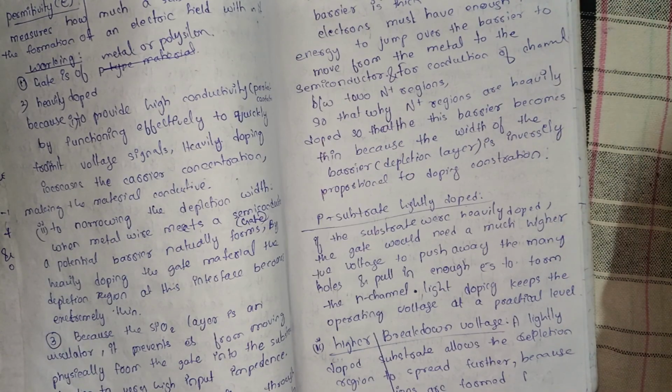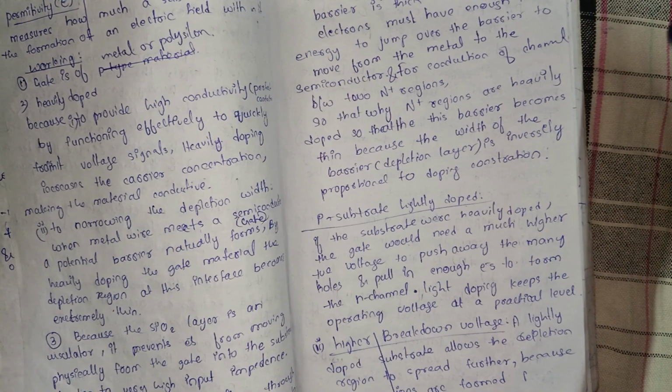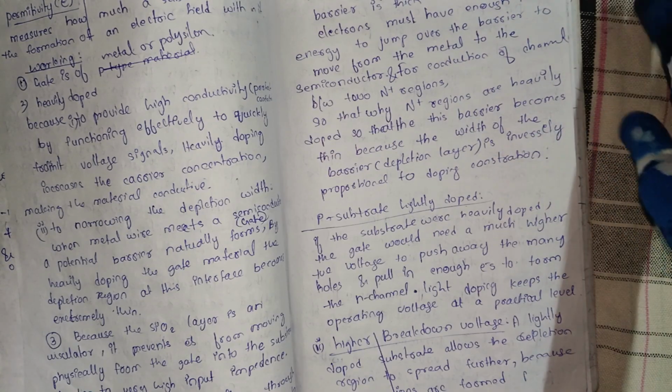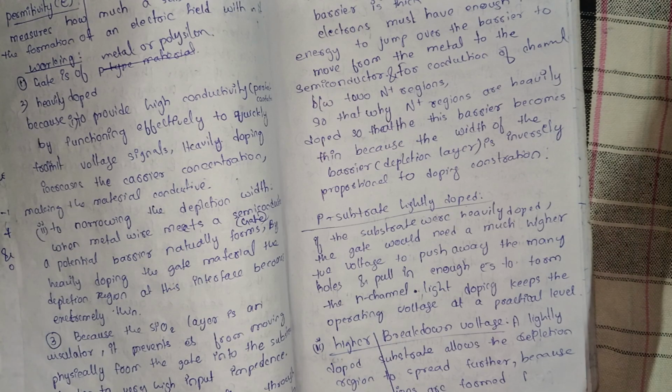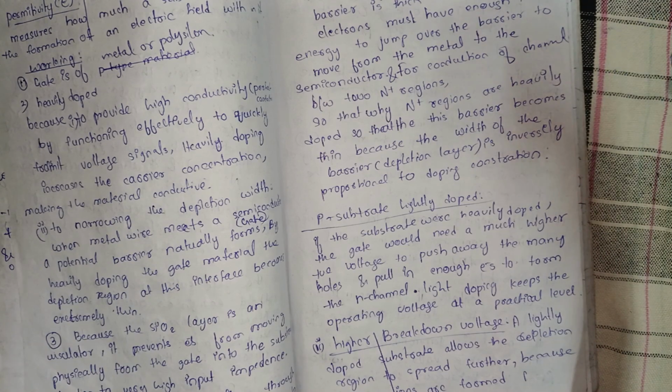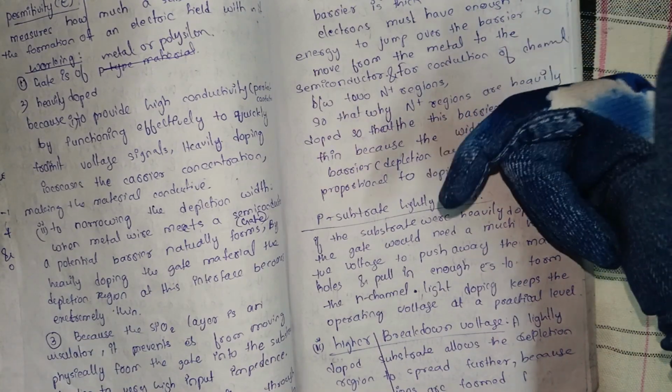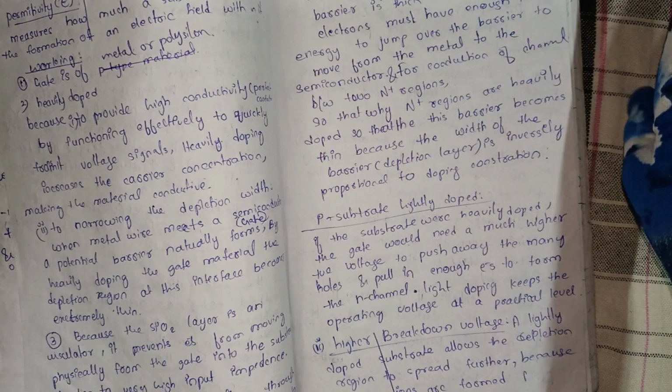If we apply a negative voltage, then it will attract more holes. So in this case, if the substrate is heavily doped, then the conducting channel will easily be pinched off. That's why the p substrate is lightly doped.